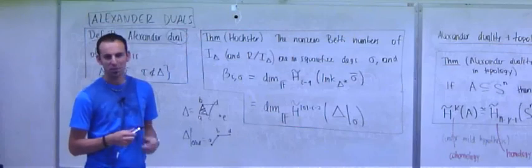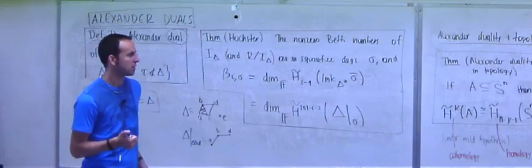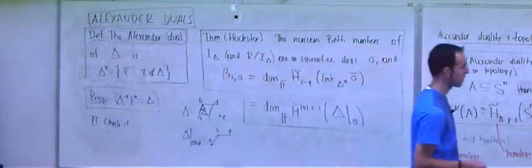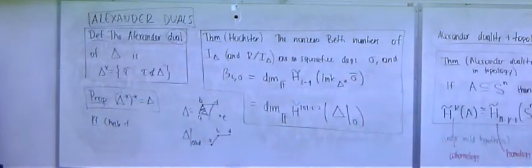Now, one thing I should tell you is that I think I forgot to put some stars, by the way. But one thing I should tell you is that we've been working over a field. Remember that I told you you can do homology over a field or over an abelian group. We've been doing everything over a field, and actually over a field, homology and cohomology are equal to each other.